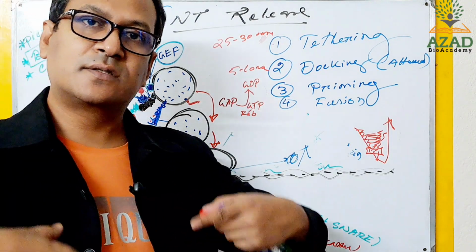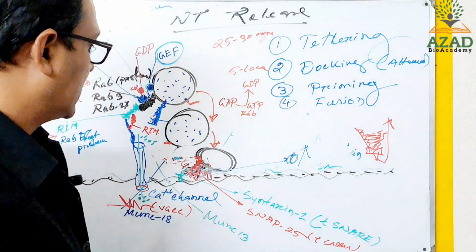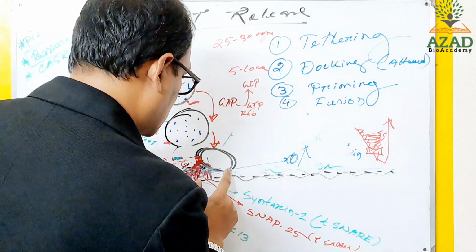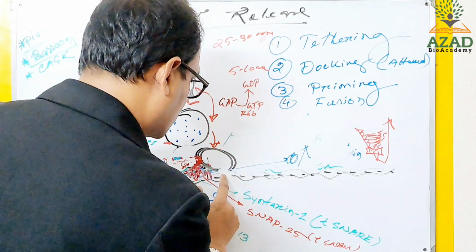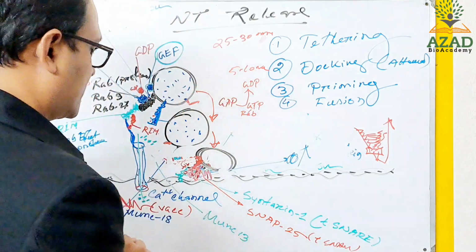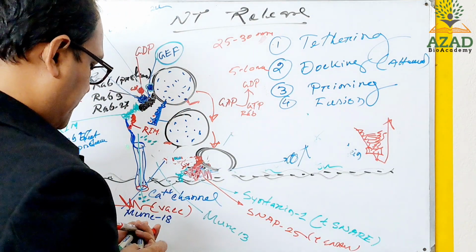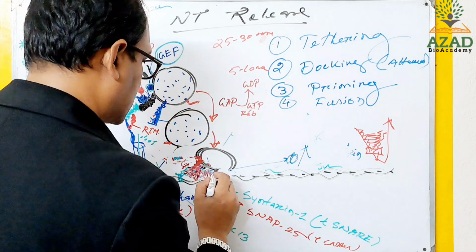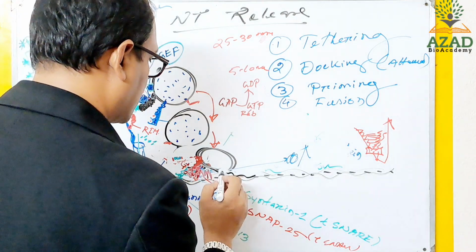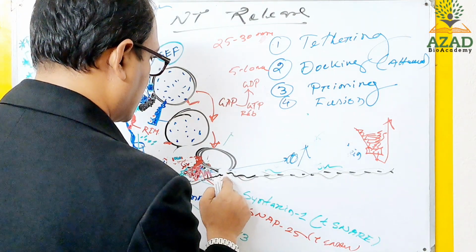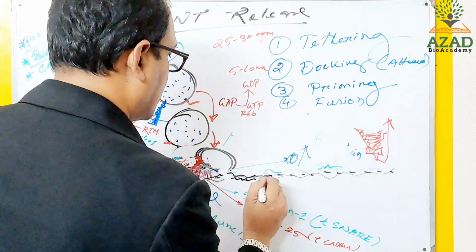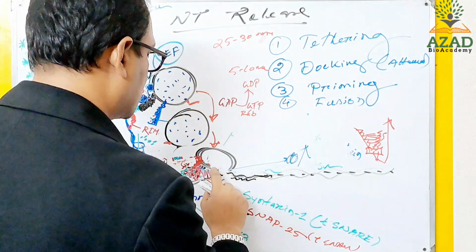And by the influence of mechanical force, this membrane will fuse with that membrane. Okay, this is the membrane of the vesicle, and this is the membrane of your presynaptic terminal, and that will fuse.